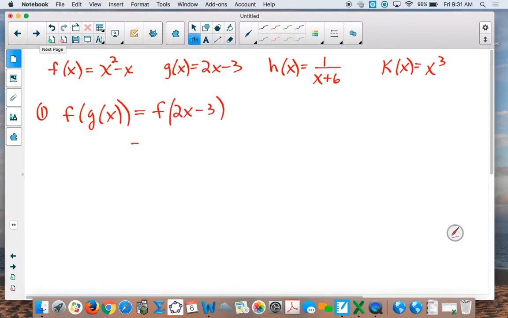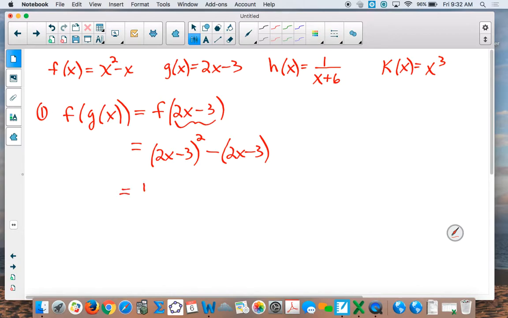Okay, so again, anywhere you see x, we are replacing it with 2x minus 3. So we have (2x minus 3) squared minus (2x minus 3). Be really careful here when you're asked to square binomials. You have to remember to FOIL.